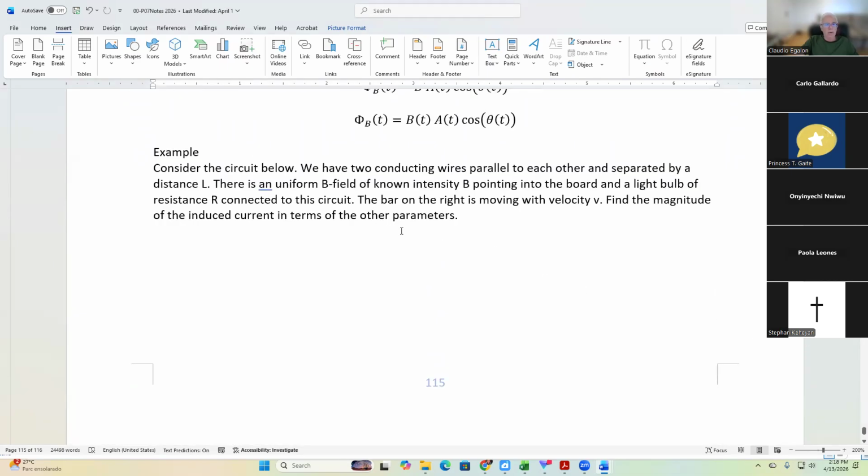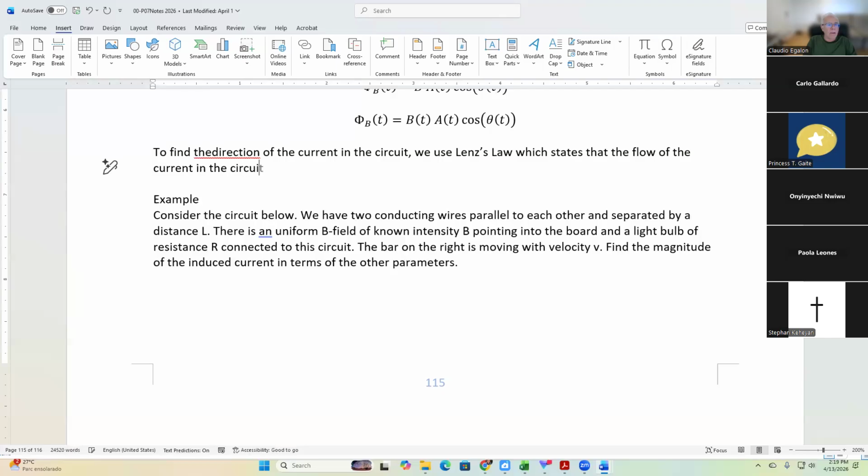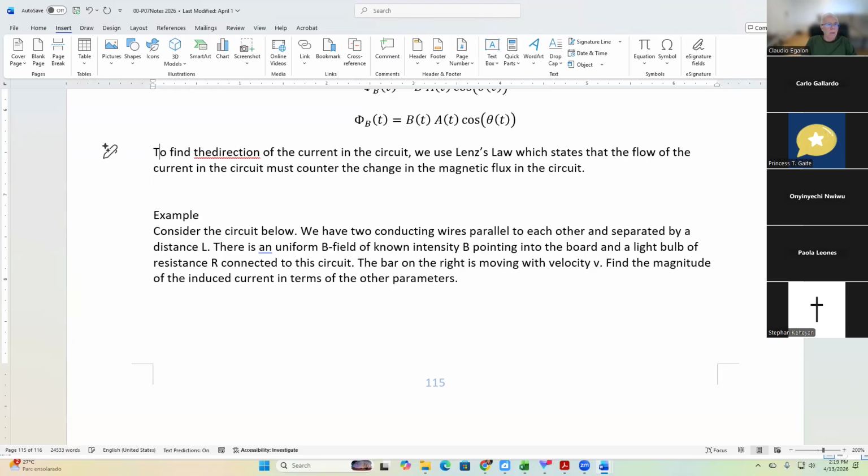And don't forget the direction of the current. To find the direction of the current in the circuit, we use Lenz's law, which states that the flow of the current in the circuit must counter the change in the magnetic flux in the circuit, like that.